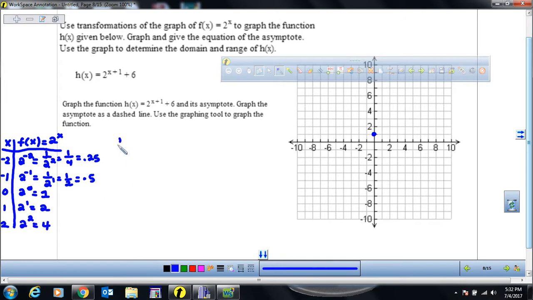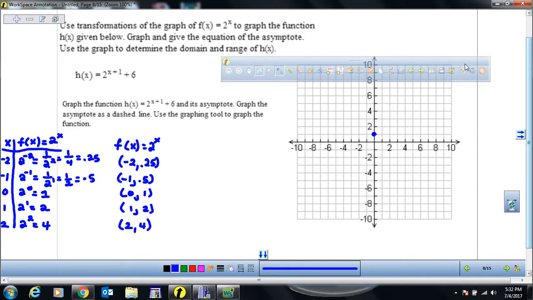So for the function f of x equals 2 to the power of x, the points are (-2, 0.25), (-1, 0.5), (0, 1), (1, 2), and (2, 4).